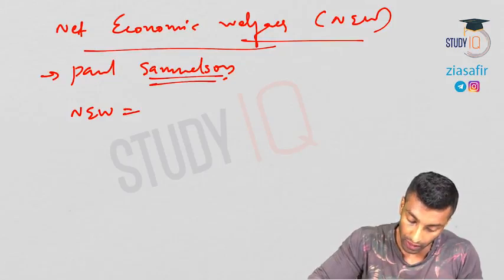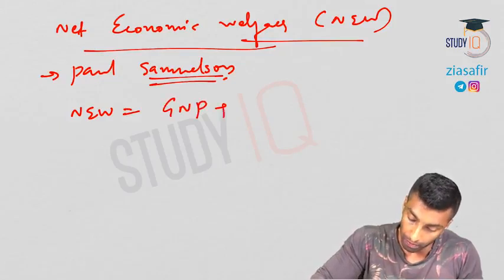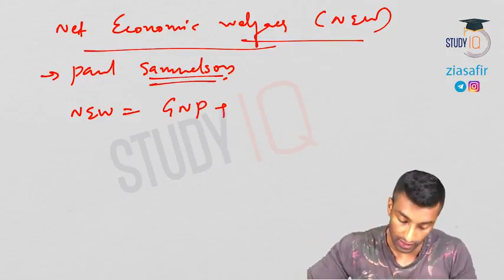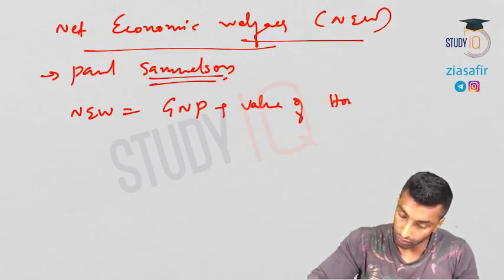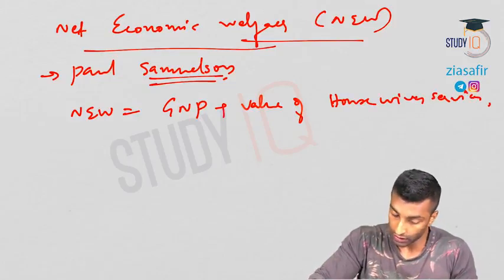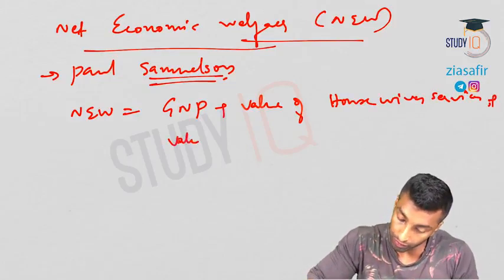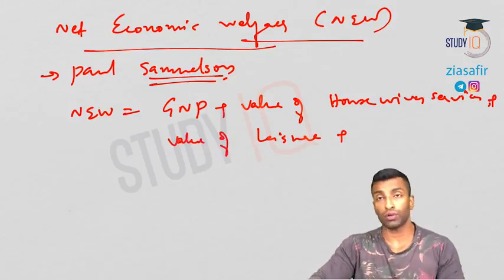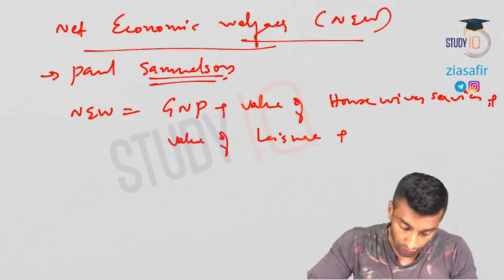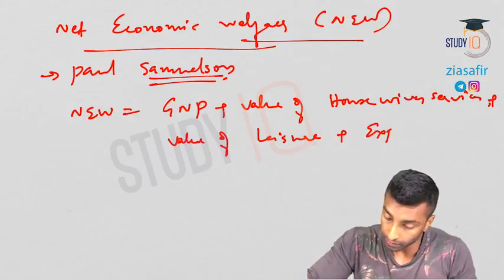NEW, net economic welfare, equal to GNP, now the modifications we'll see, GNP plus value of housewives' services plus value of leisure.